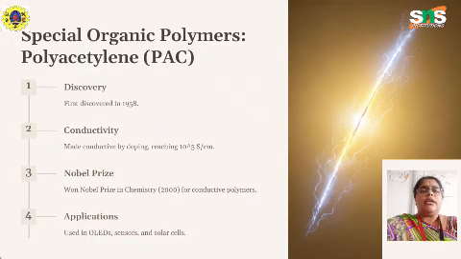Special organic polymers, that is polyacetylene. Now we are going to see about the organic polymer polyacetylene. It was first discovered in 1958. It has different conductivity, made conductive by doping, and the discoverers won the Nobel Prize in Chemistry in 2000 for conductive polymers.